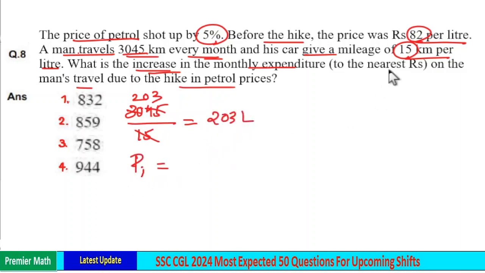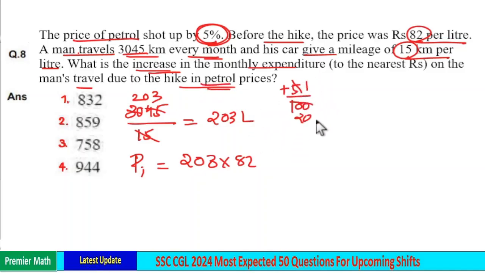Initial price of petrol is 82 per litre. So he needs 203 into 82 rupees initially. Now the price increased by 5%. 5% means 5 by 100. 5 goes 20 times in 100. So plus 1 by 20, meaning 1 part is the increment we have to find.